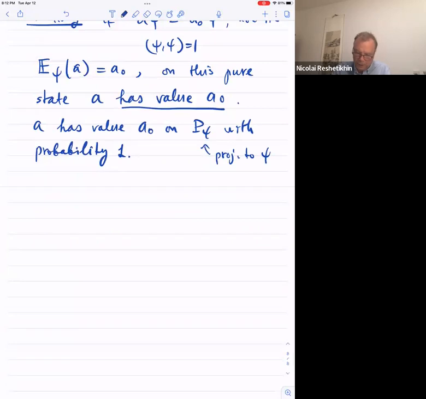So then, what else did we discuss last time? We discussed the evolution of states and observables.